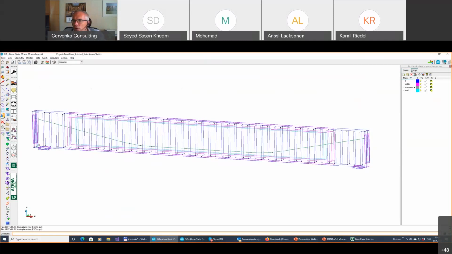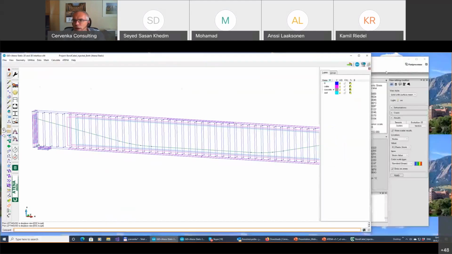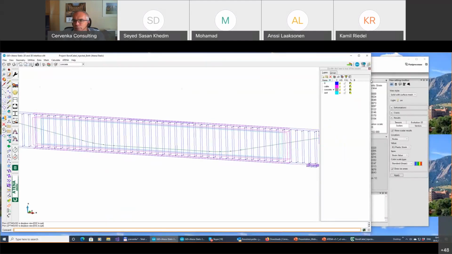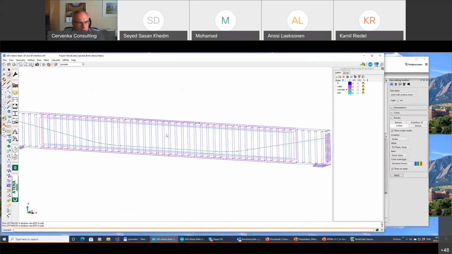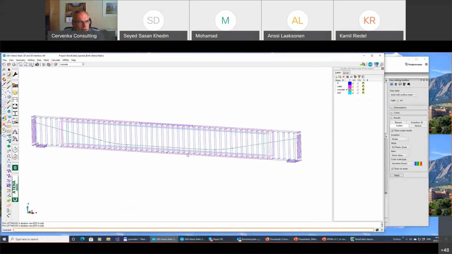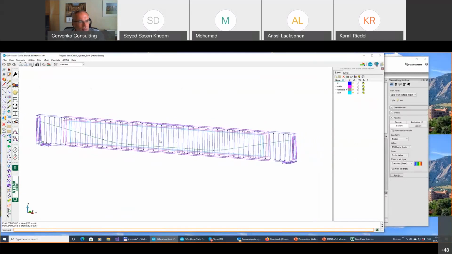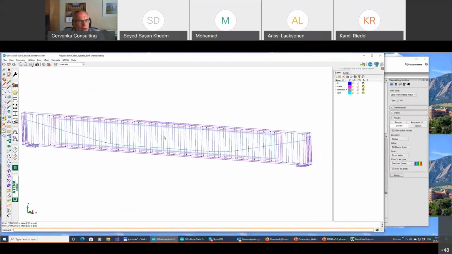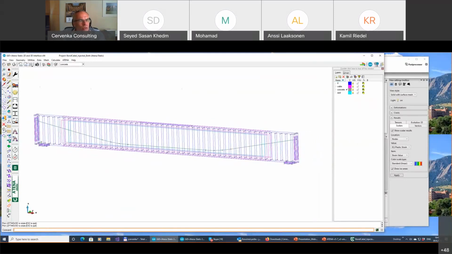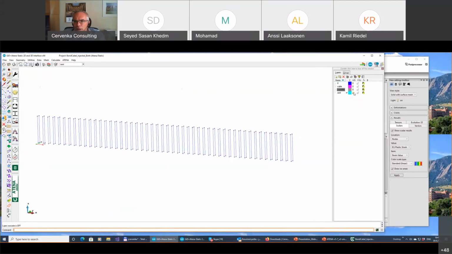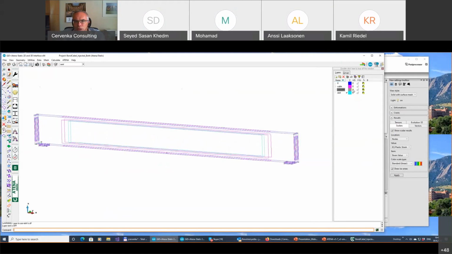So in this program, you model the structure by defining points, lines, and then you connect the lines to surfaces, and finally to volumes to simulate 3D objects. So in this situation, if I turn off the individual layers, we see we have a concrete with some supporting plates.